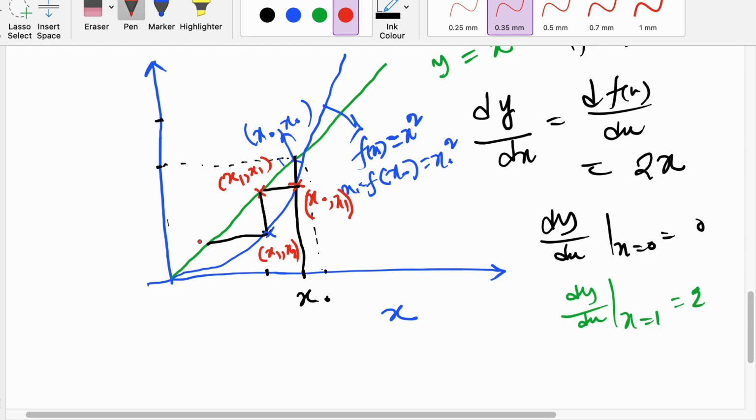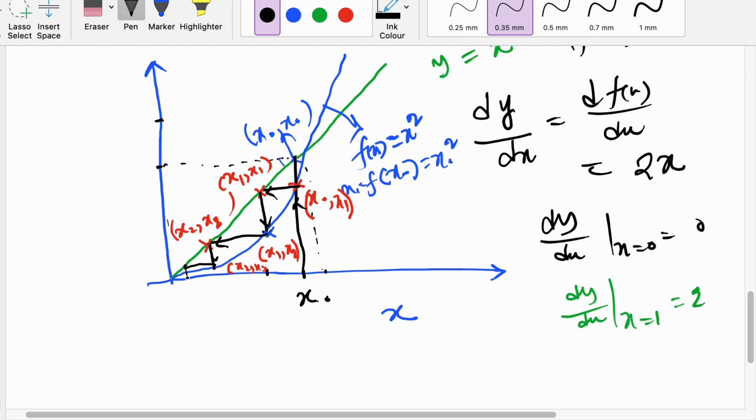I will get a point here. This point will be x2, x2, and then it goes here. We get x2, x3. Now if I continue this process, we start from here, then we go here, then here, then here.